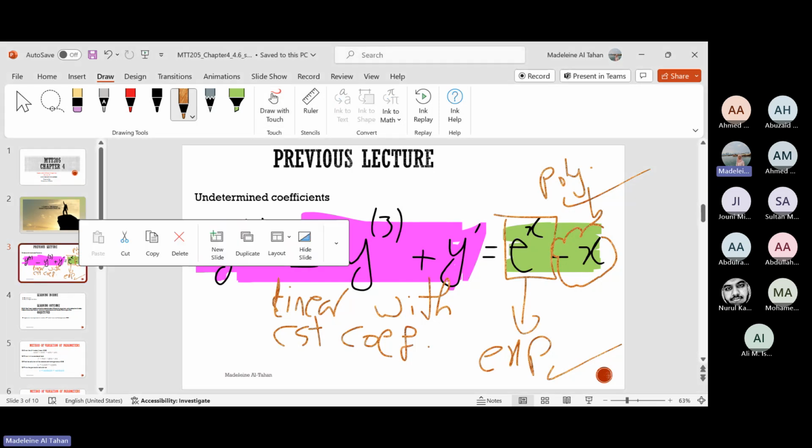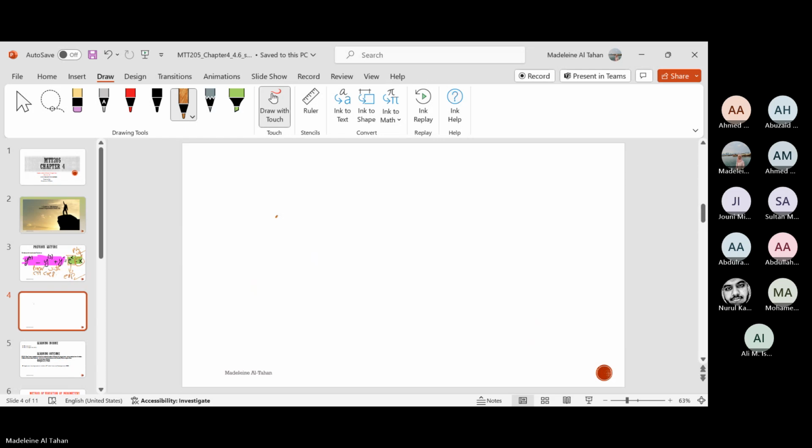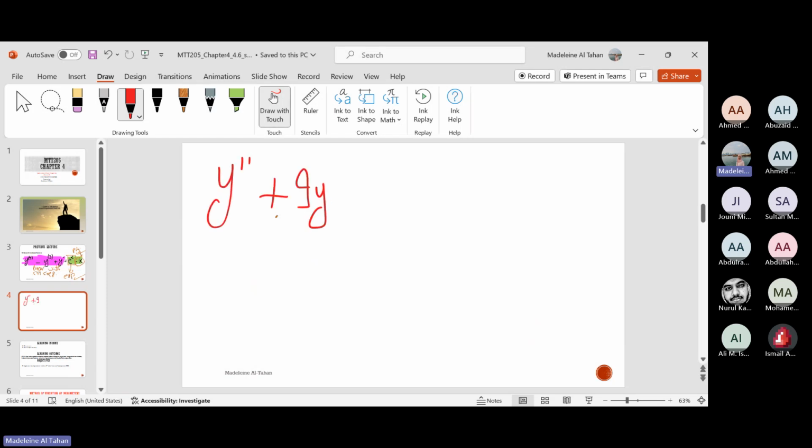Now let's look at this example. If we have y double prime plus 9y equal tangent 3x. So let's look at this side. Are you okay with it?